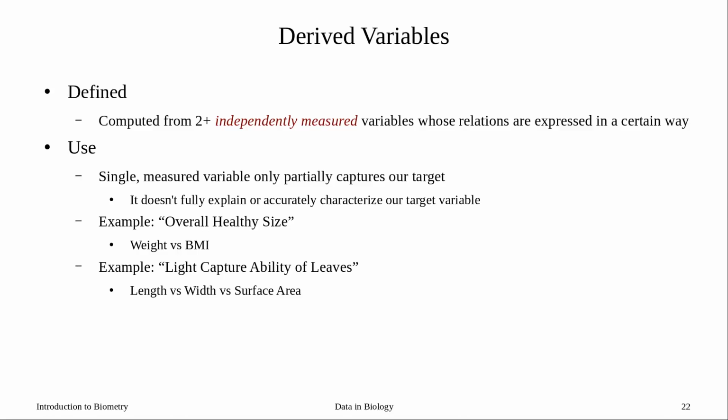just weight alone. Another one is perhaps we're interested in light capture of leaves. How well leaves can capture light. We can look at length of the leaf. We can use width of the leaf. Both of those kind of imply larger leaves. But you can have a long leaf that's really thin. You can have a fat leaf that's really, really short. All right, and the length and width don't necessarily tell us the entire story.